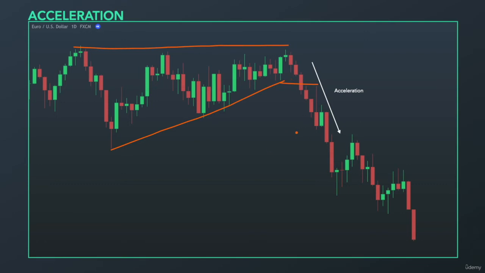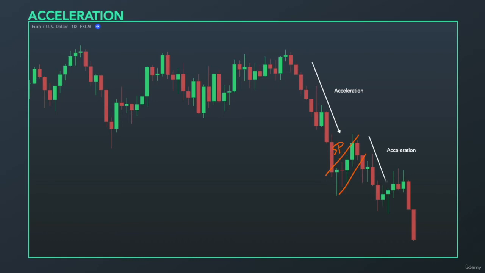And also this is not a good time to look for a long setup. So price entered into a pullback, a simple pullback, and then accelerated again to the downside. And then pulled back again and accelerated again to the downside.